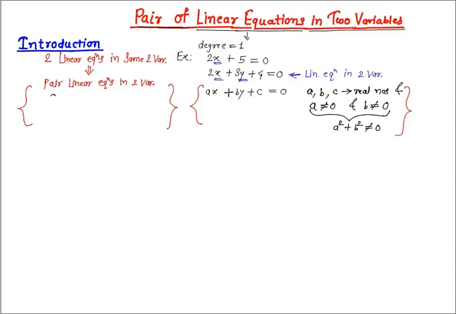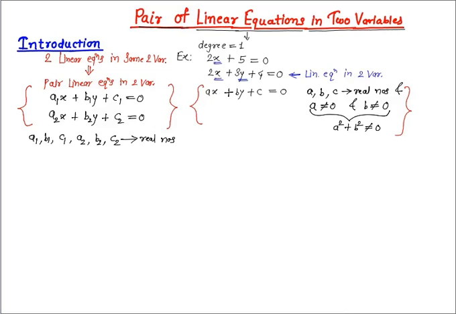It is a1x + b1y + c1 = 0 and a2x + b2y + c2 = 0. So we have two linear equations where a1, b1, c1, a2, b2, c2 are real numbers and a1 not equal to 0 and b1 not equal to 0.